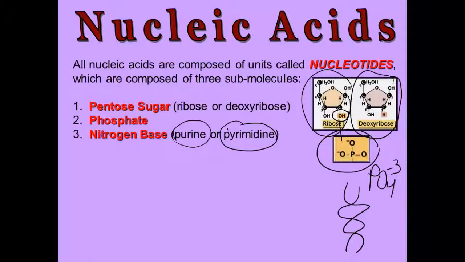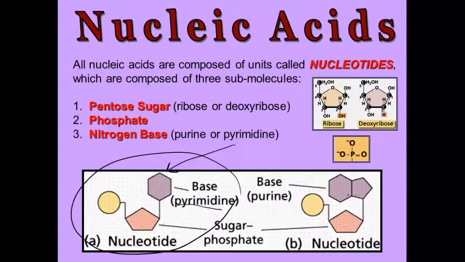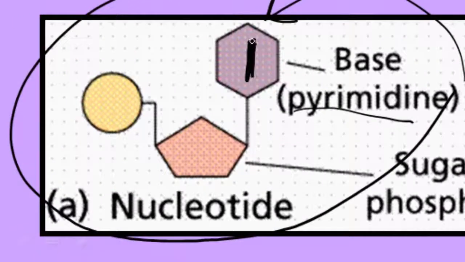So what's the difference between a purine and a pyrimidine? Let's find out. If you look at this nucleotide, you'll notice that the nitrogen base is a pyrimidine. You'll notice that a pyrimidine only has one ring on its structure.